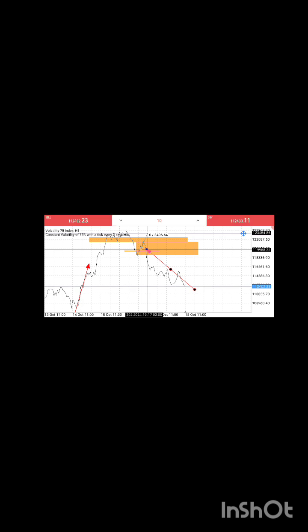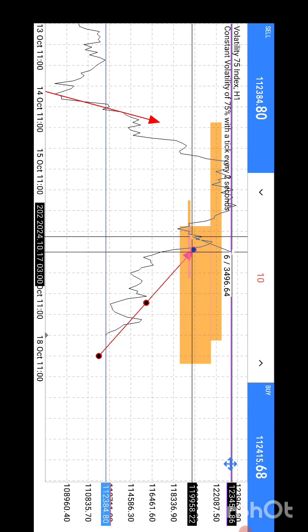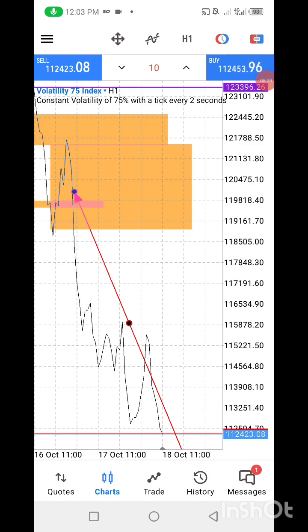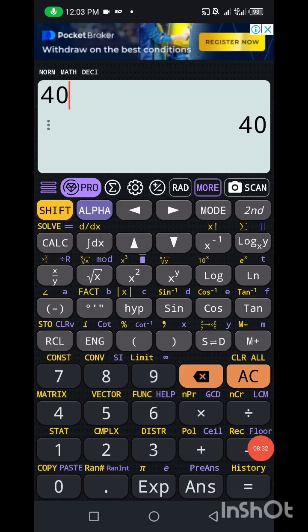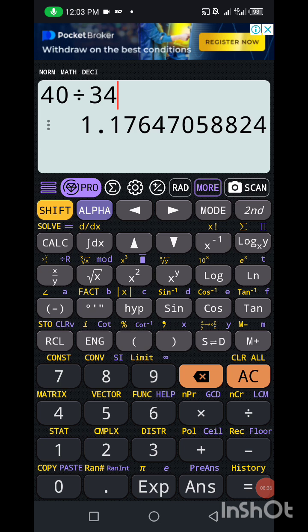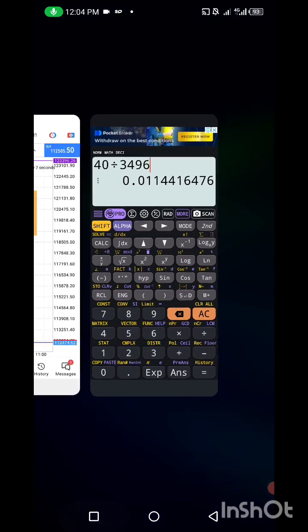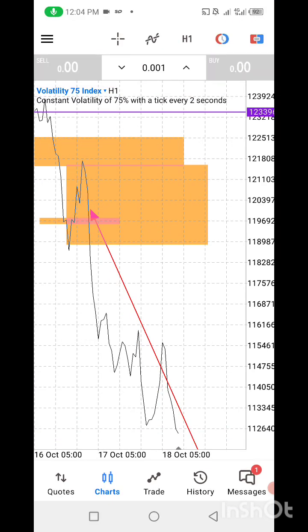Let's go to the calculator, because this is 3,496, and so we are going to work on this. Right here you have $40 divided by 3,496. So you are going to use 0.01. Okay, you are going to use 0.01 on this trade, approximately 0.011.